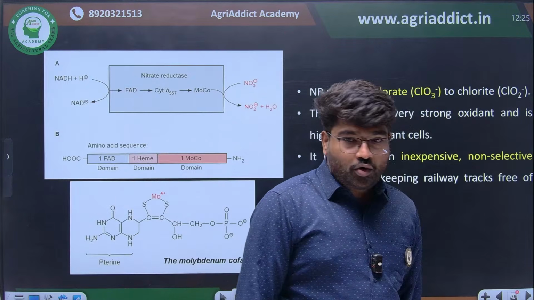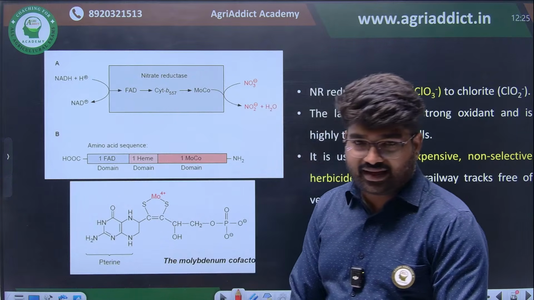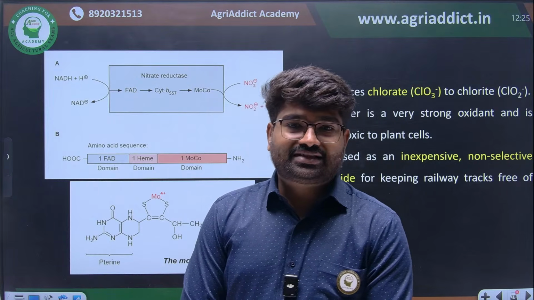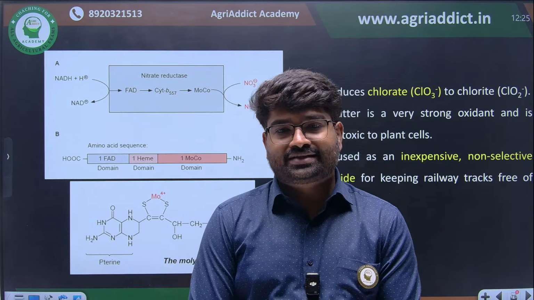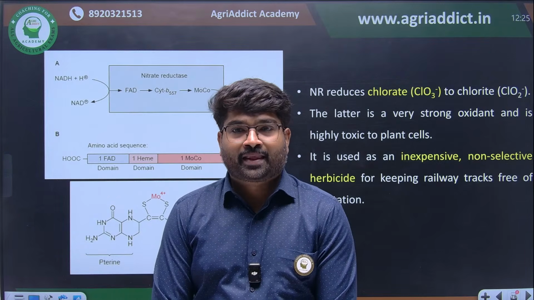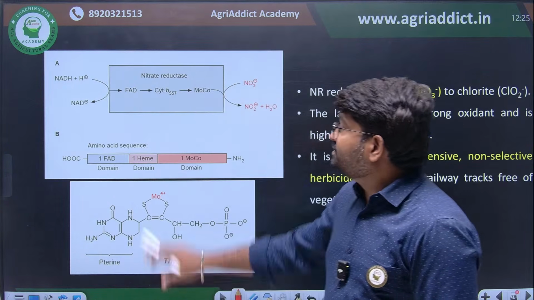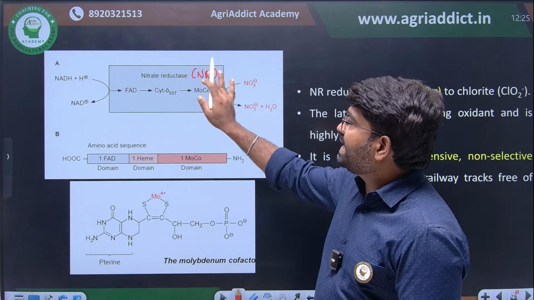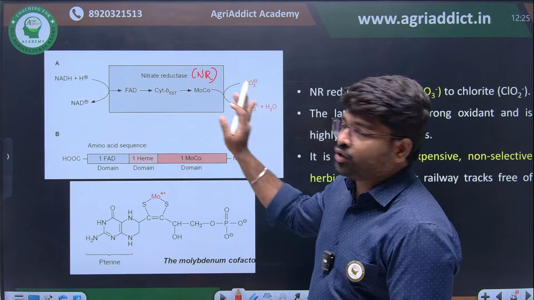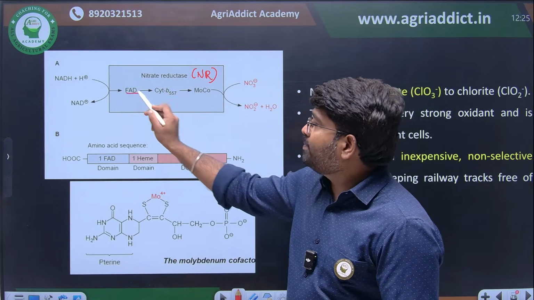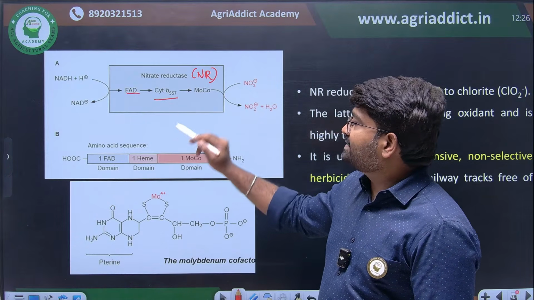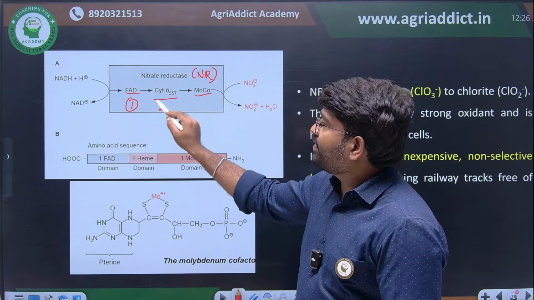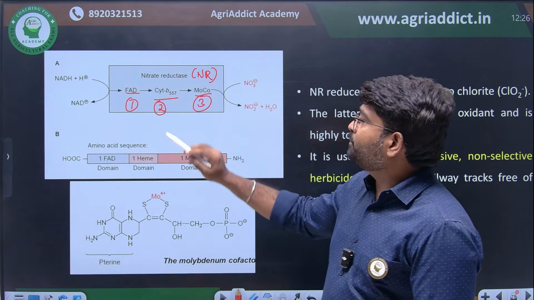Now we are going to see the structure of the enzymes. What is the structure of nitrate reductase? What is the structure of nitrite reductase? If you see the NR enzyme, NR will have three different domains: FAD domain, cytochrome b5 domain, and molybdenum containing cofactor domain.